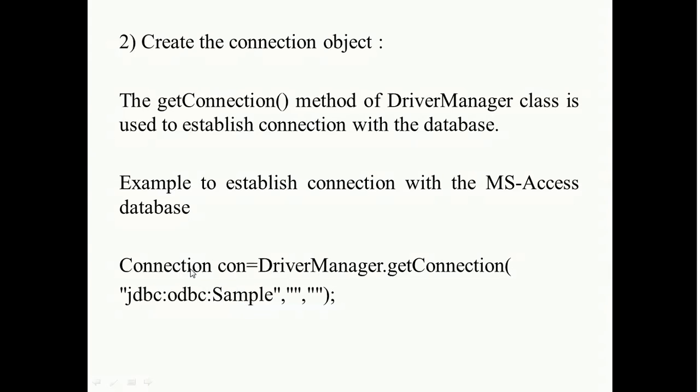So the connection is established with the database. For that we use the getConnection method. So the second step is to use the getConnection method to establish a connection with the database, and the syntax is Connection con is equal to DriverManager.getConnection("jdbc:odbc:sample", "", "").